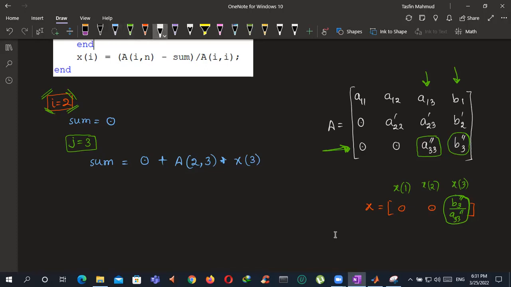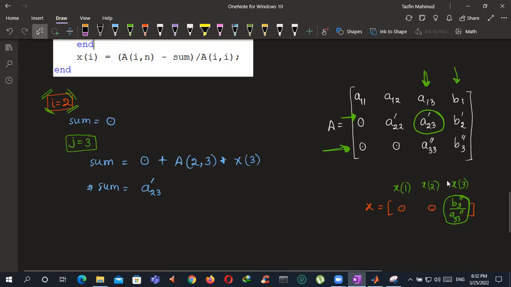A23 is the second row, third column. So the sum variable starts at 0, and we are multiplying A23 prime with x3.